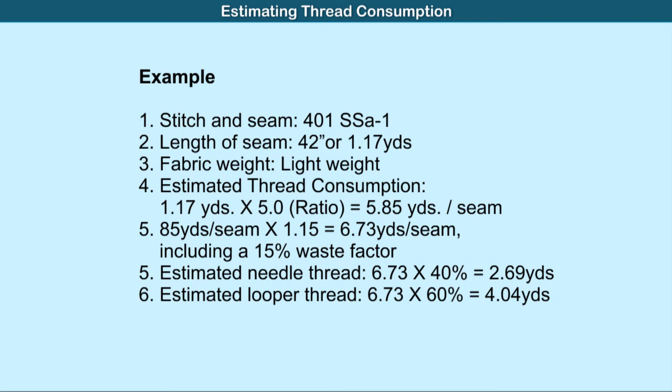This chart can be used to estimate lower thread consumption numbers for lightweight fabrics or long stitch lengths. On the chain stitch construction, the amount of looper thread does not change unless the stitches per inch changes.